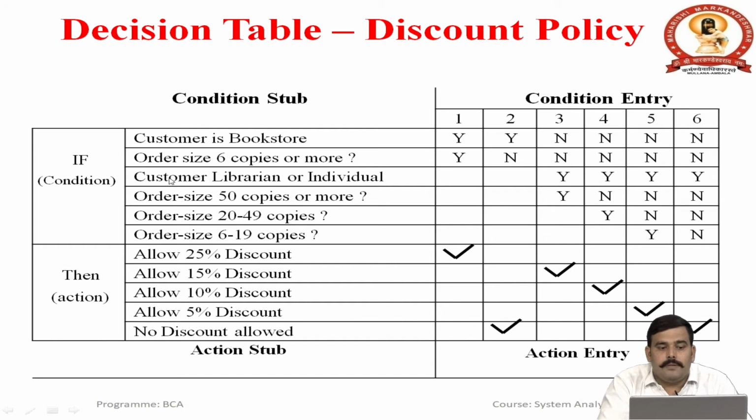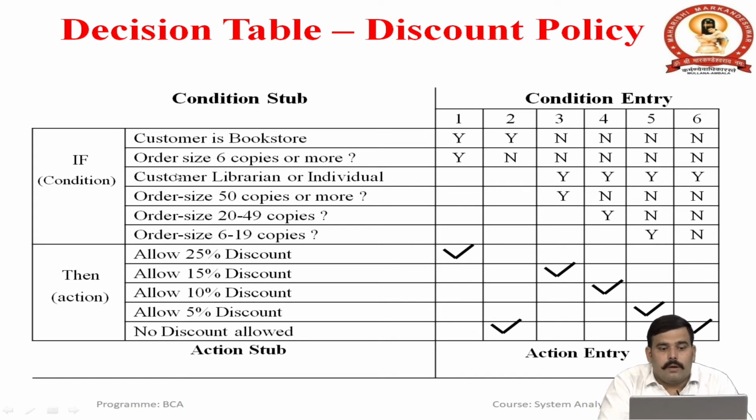It means if the customer is librarian or individual and order size is 50 copies or more, we have to apply the 15% discount. We have checked in the action entry what action to take if these condition entries are true.